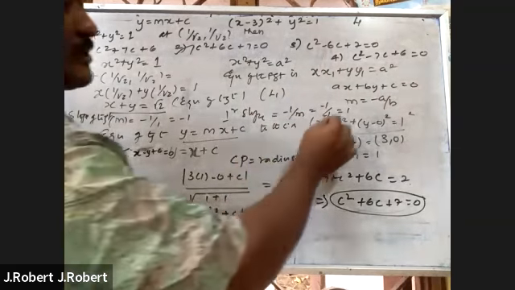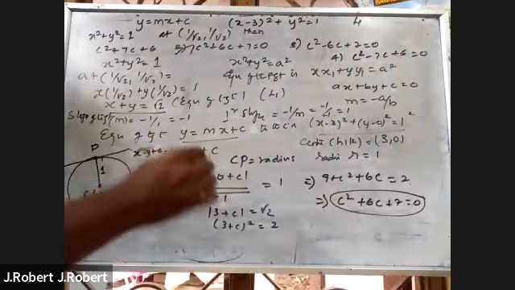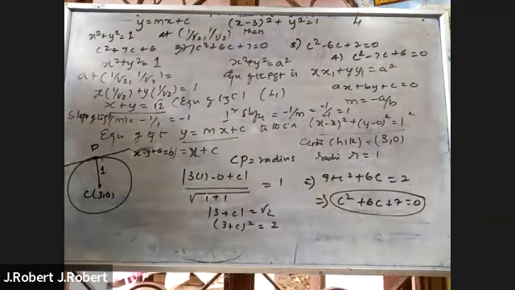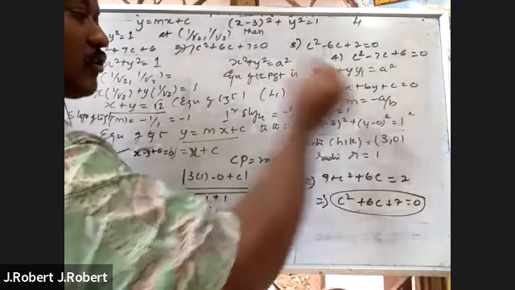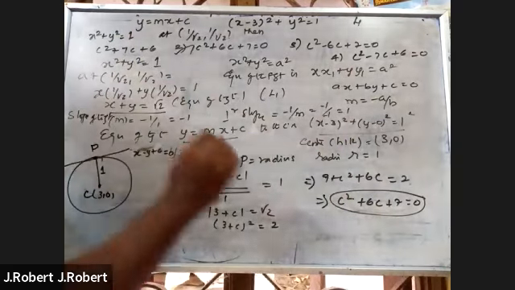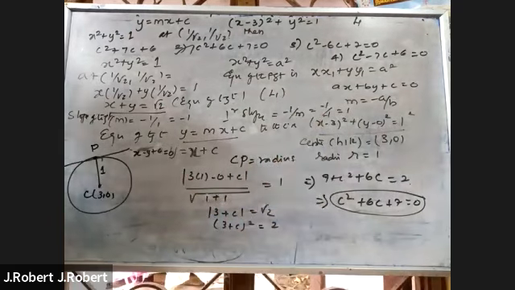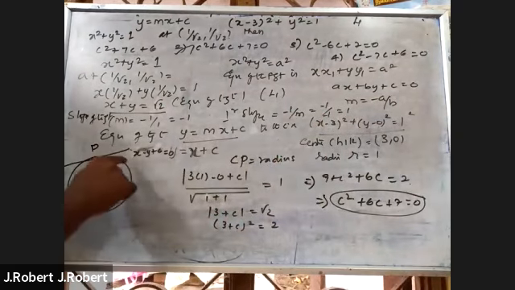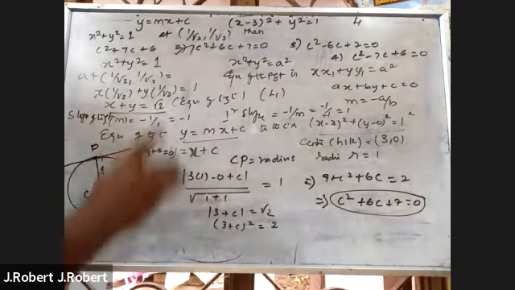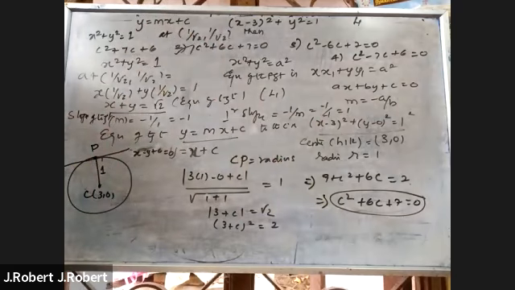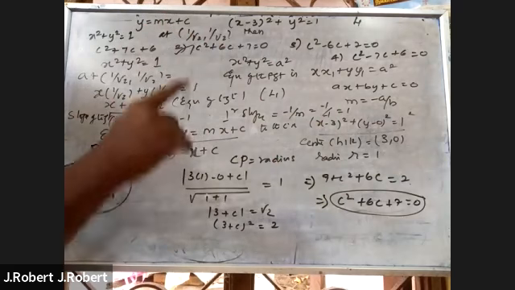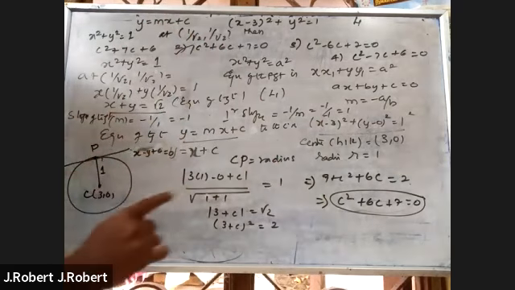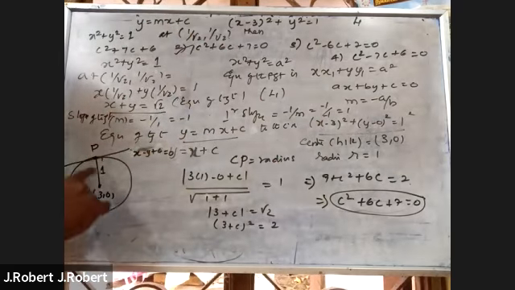Comparing this circle with x minus h the whole square plus y minus k the whole square equals to a square, we can write the center is h comma k, which is called 3, 0, and the radius r is equals to 1 square, therefore 1. So இப்ப diagram போட்டிருக்கேன். The circle is x minus 3 the whole square plus y square equals to 1. The tangent is x minus y plus c equal to 0. From the circle, I have found out the center as 3, 0 and the radius as 1.